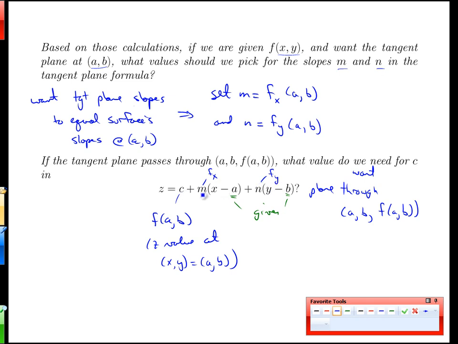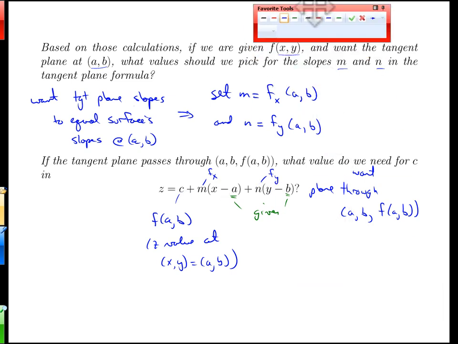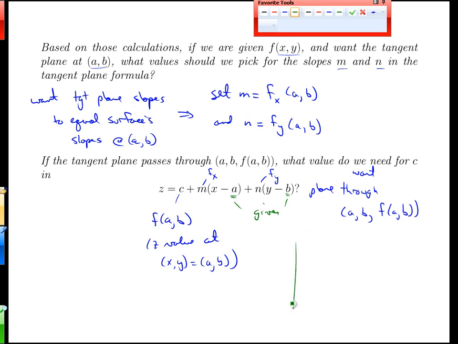And you'll notice it's very, very similar to the single variable formula that we had before. So just a quick reminder here. In one variable, we had L of x, our linear approximation or tangent line formula, equal to f prime of a, x minus a plus f of a.